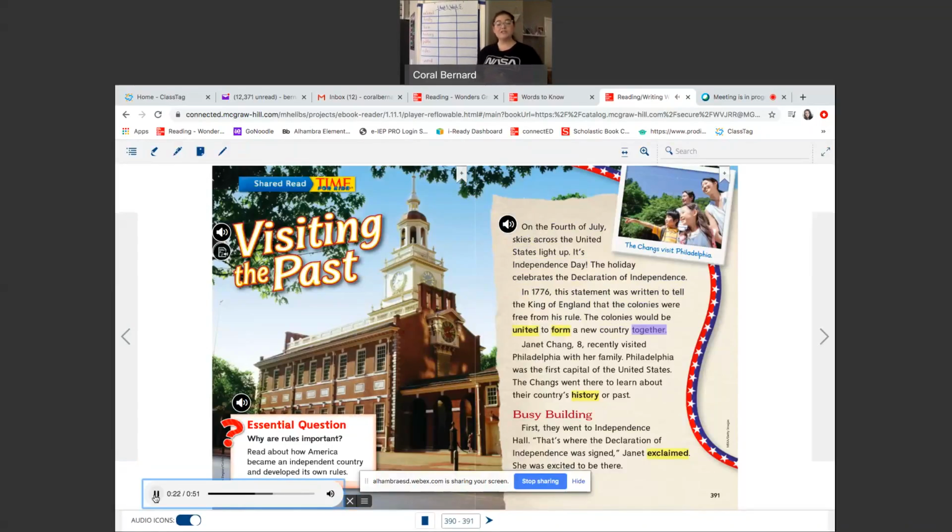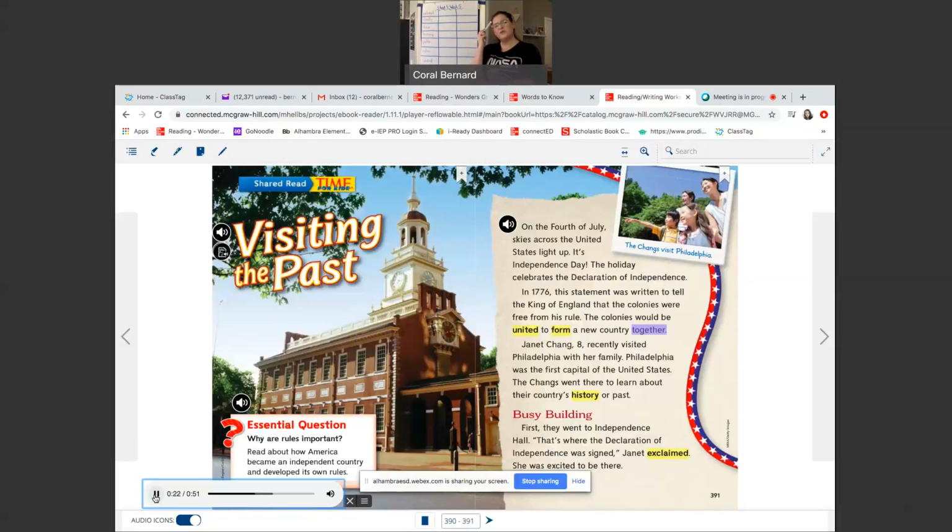So we came across 2 vocabulary words, and I'm going to read the sentence again so that you can hear the context clues that might tell you what those words mean. The first word was united, and the second word was form. Listen to this sentence. The colonies would be united to form a new country together.